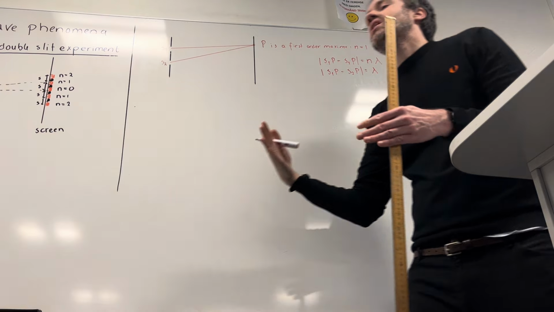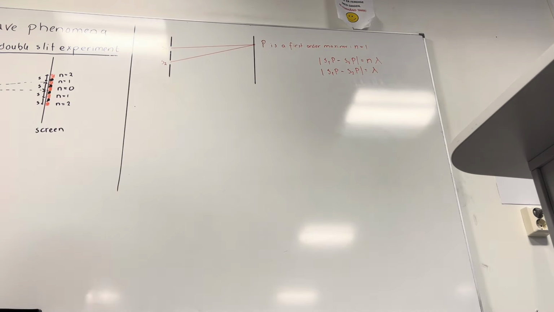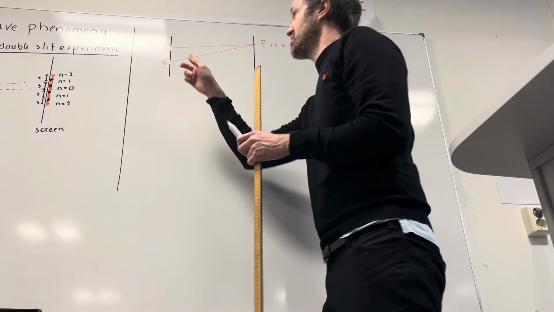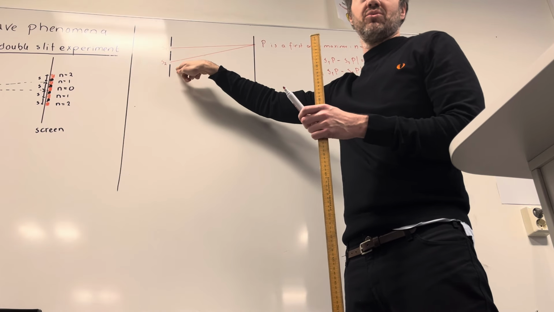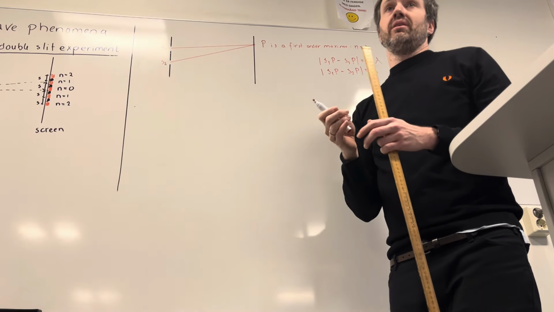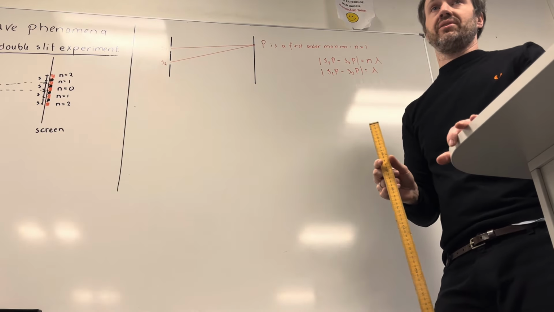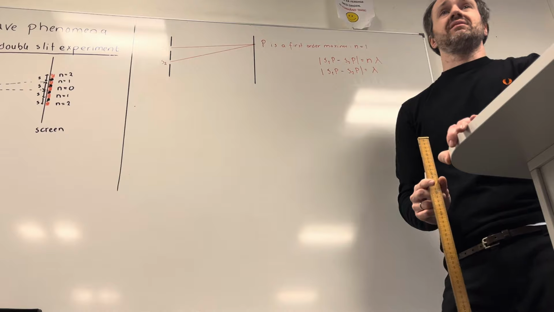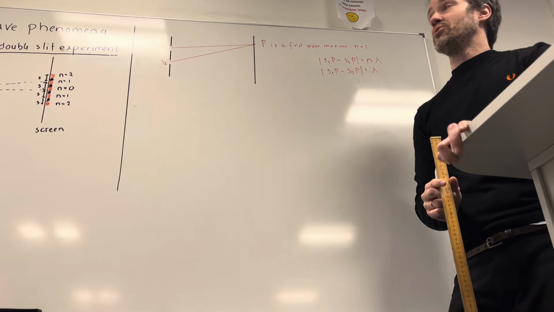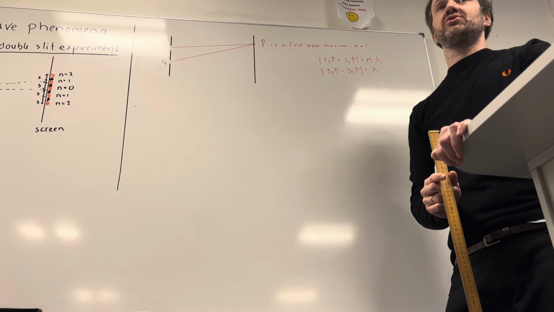All right, so my job is to find the path difference between these two lines. Easy if I give you the path difference. Not as easy if I don't give it to you and you have to use trigonometry to do so.